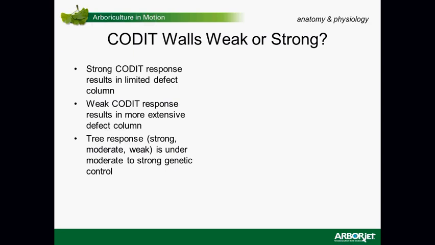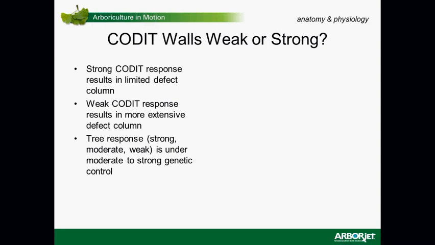So our CODIT walls, are they strong or weak? This is largely under genetic control. So the tree response is under moderate to strong genetic control. Some trees do really well at resisting injury and decay, and some trees are lousy at it.